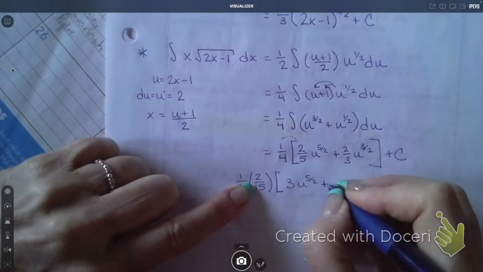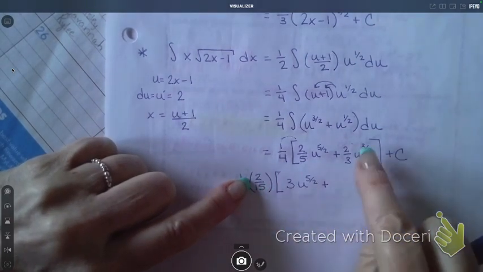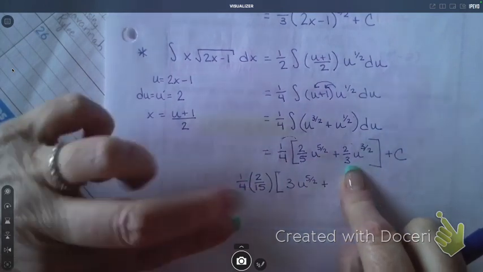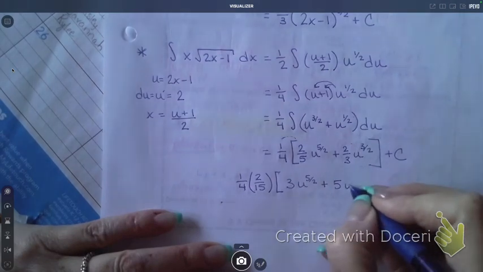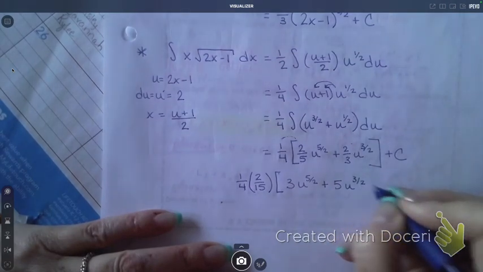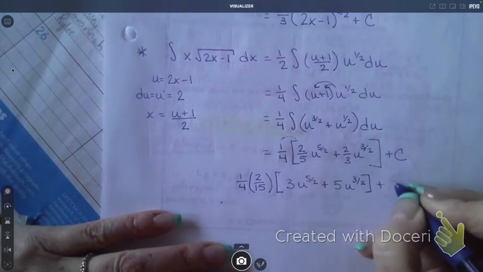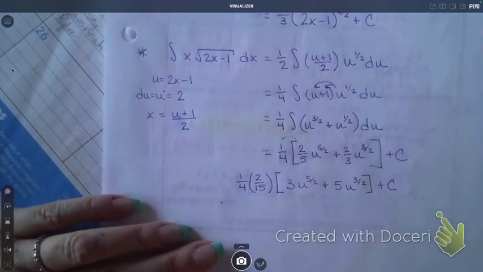Plus, if I factor out the 2/15 of 2/3, multiply by the reciprocal, that would leave me 5 u to the 3/2 plus c.